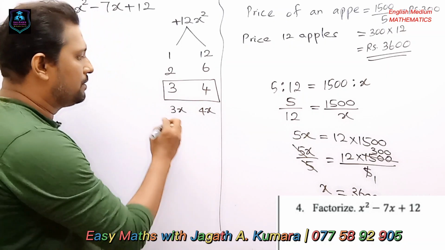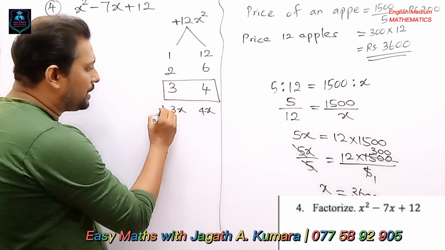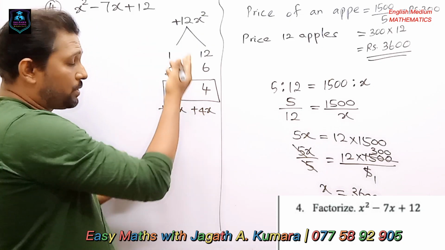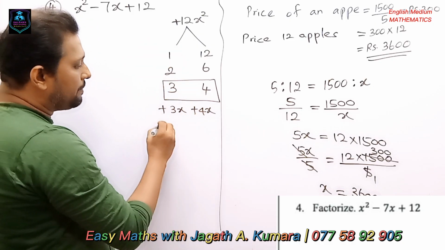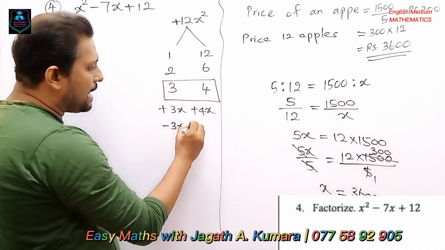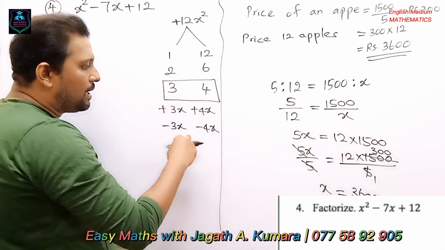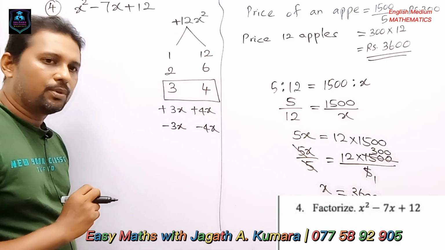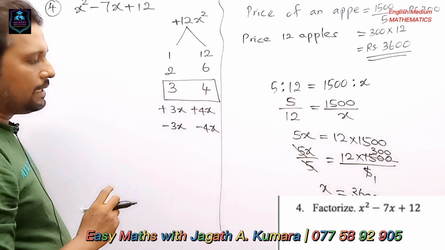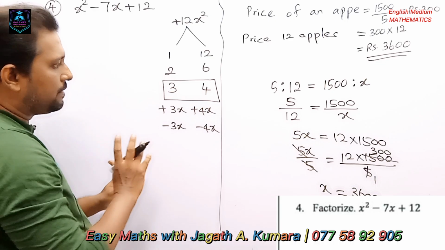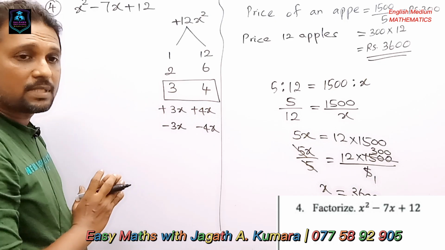That means by multiplying positive 3 and positive 4, you get positive 12. Also by multiplying negative 3x and negative 4x, the multiplication of negative 3 and negative 4 is also positive 12, right? Then you have to select the definite signs.